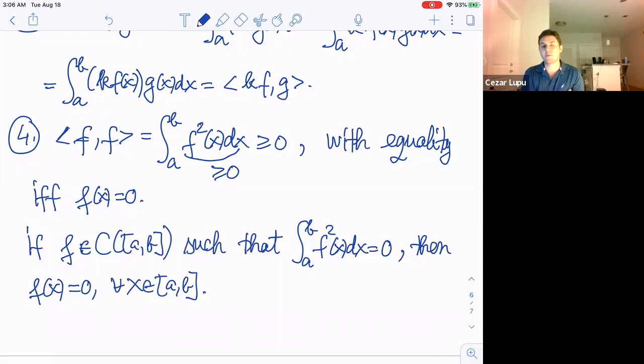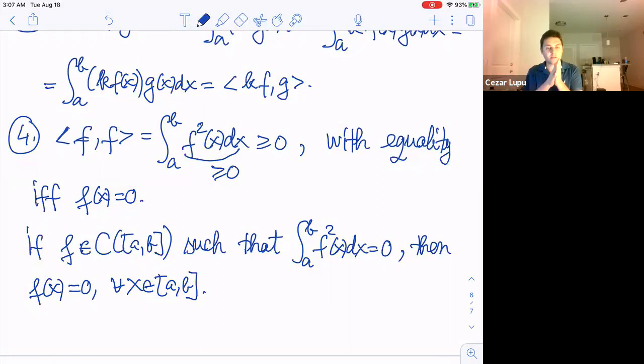So suppose there exists an x naught in [a, b] such that f of x naught is positive, without any loss of generality. Then by continuity, f will be positive on a neighborhood around x naught.